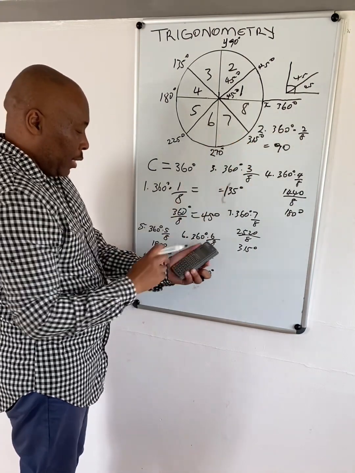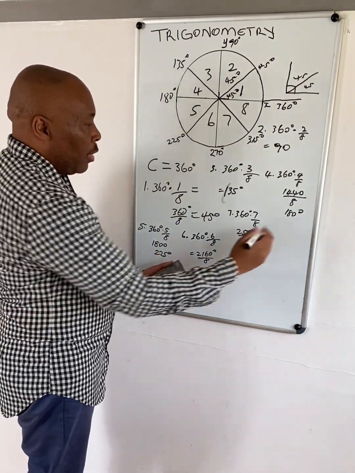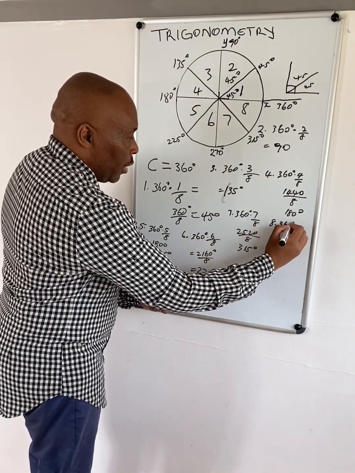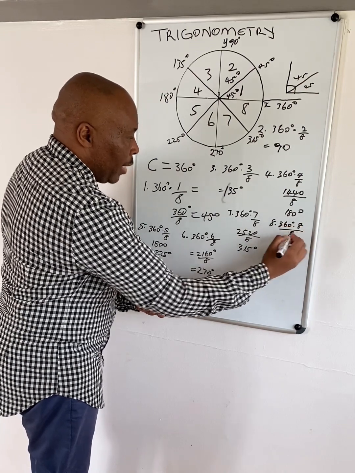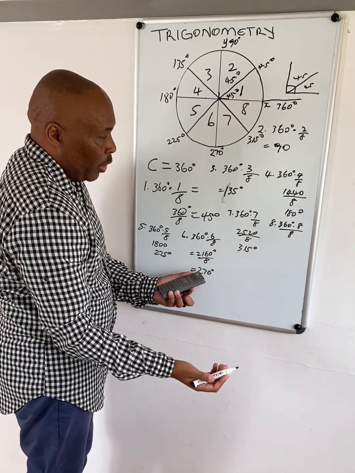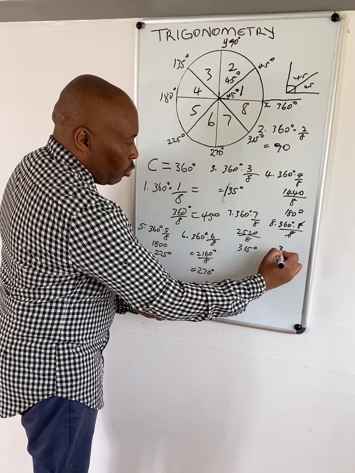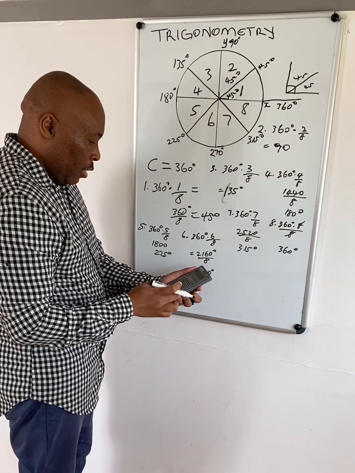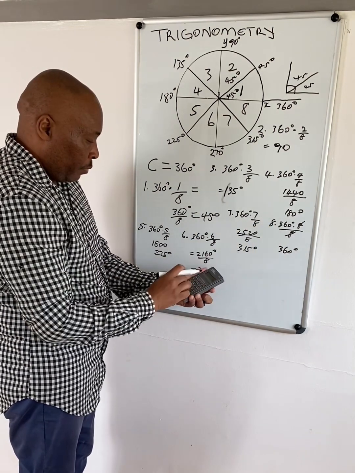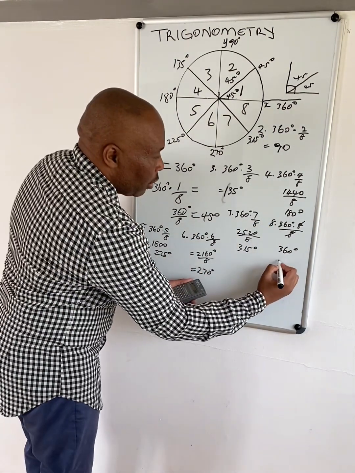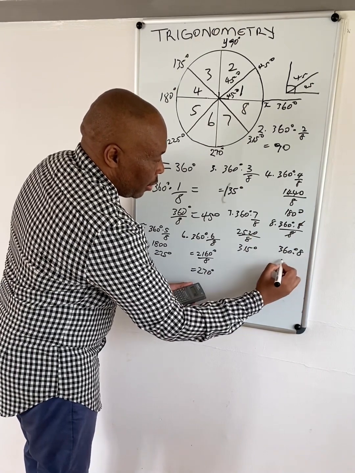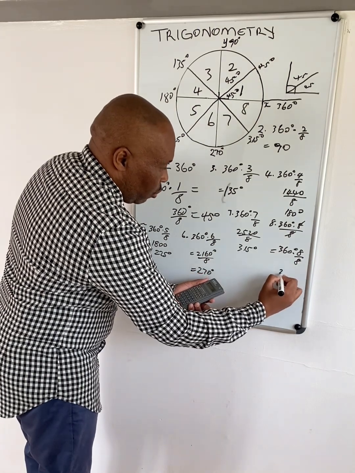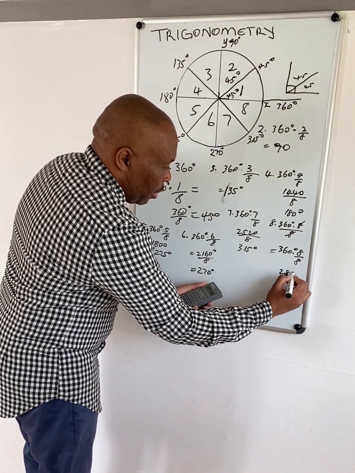And we've got a 360, but we can prove the 360 as well on the 8th, where we say 360 degrees times 8 divided by 8. The first method, the easiest and the quickest, is just cancel this. You've got your 360 degrees. But again, let's do the calculation to prove it. 360 times 8 is equal to 2880.